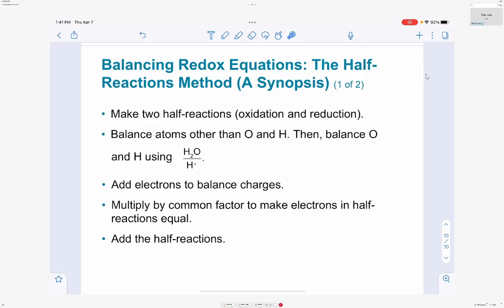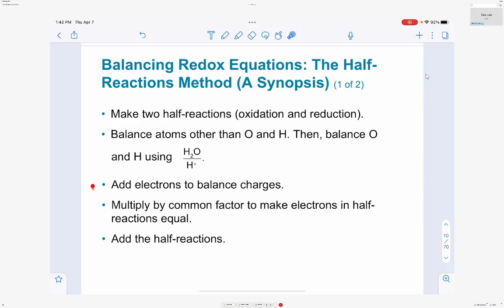Then, once you have balanced those, you move on to balancing oxygen and hydrogen. How do you balance them? You balance the oxygen by adding water, and you balance the hydrogen using protons.